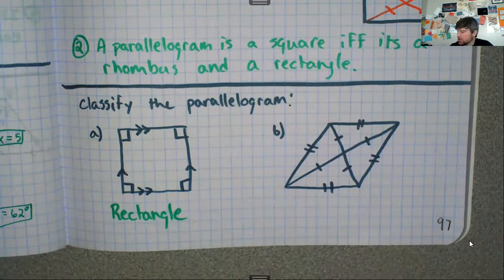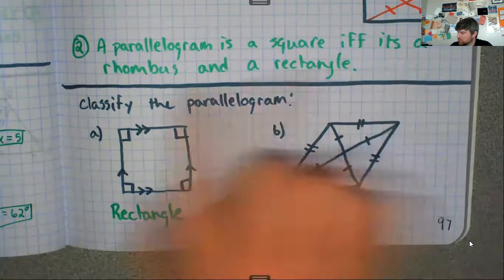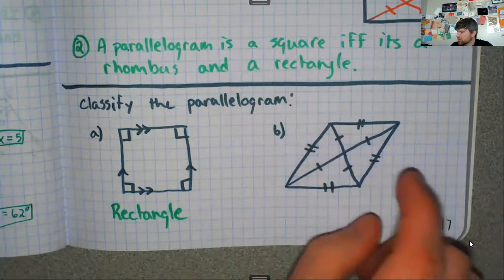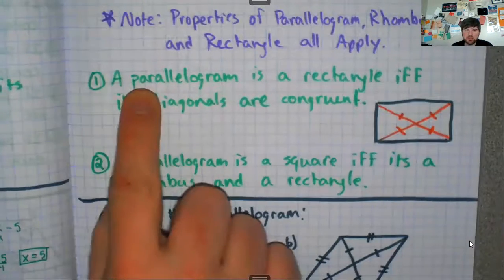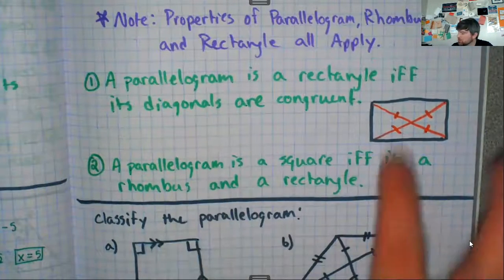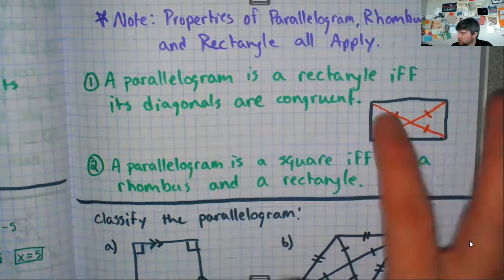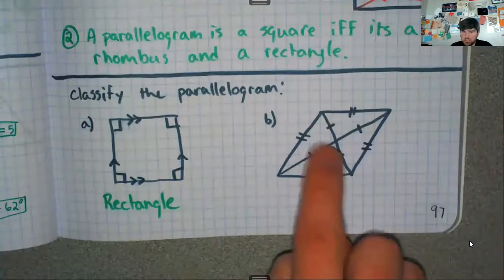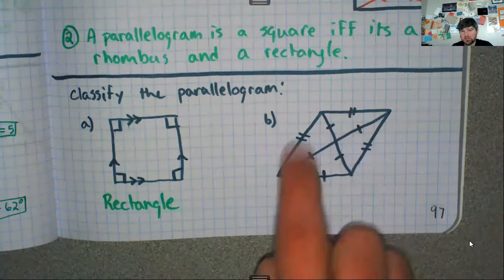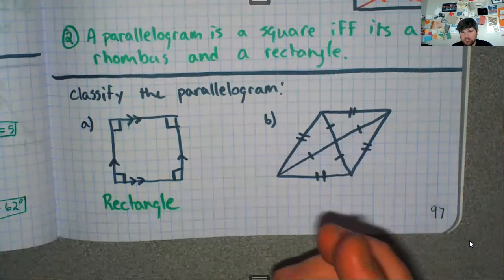Okay, but right here it says if it's a square, it's a rhombus and a rectangle. So let's see if this thing could be a rectangle. Well, with a rectangle here, it says a parallelogram is a rectangle if and only if its diagonals are congruent. Remember, I noted that all those are congruent. And if we look at this picture here, I've got all of those lengths are the same. So this is actually a rectangle too.